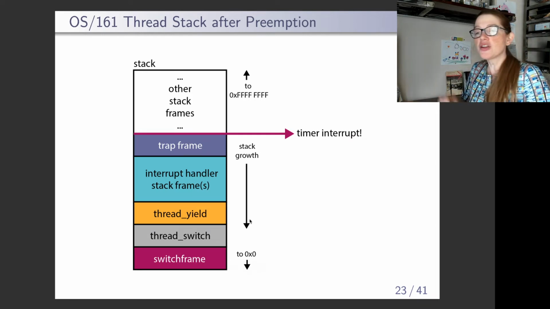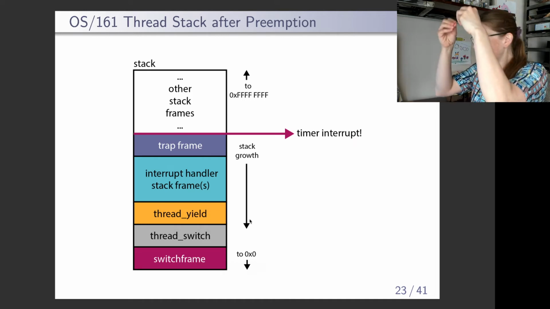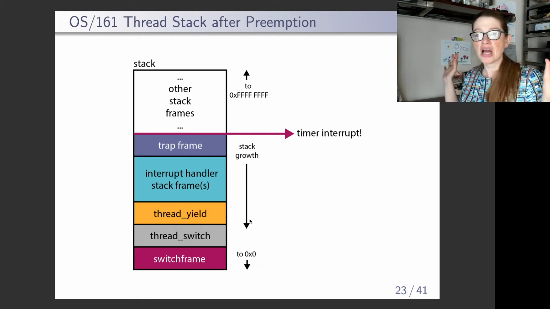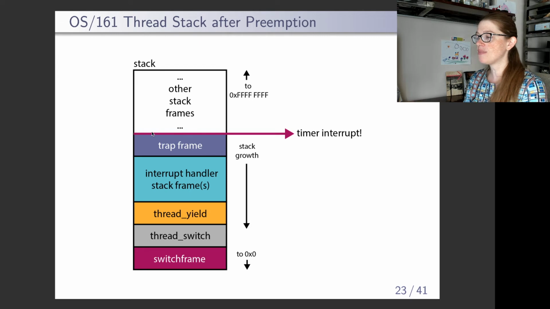First off, our thread was running something, and then bam, timer interrupt. Timer interrupt is right here. And then we always get a trap frame. Anytime there is an interrupt or exception, you're always going to get a trap frame because this was an involuntary stop of the running thread. And so we can't take advantage of any caller save registers. We have to save them all before we can handle anything.